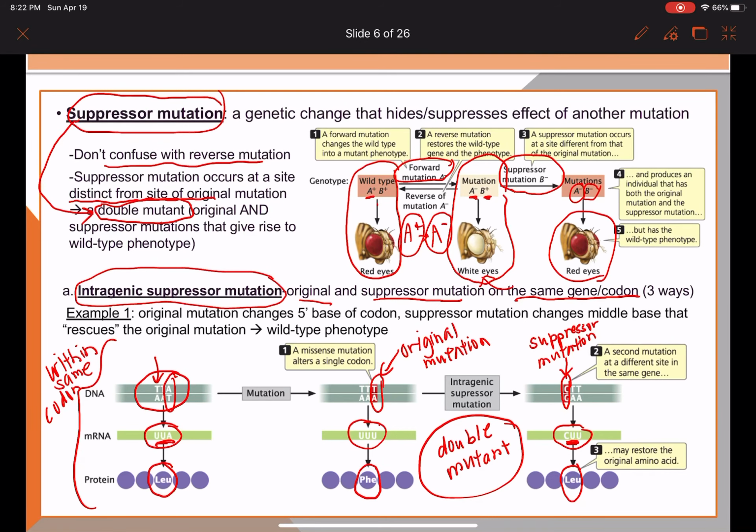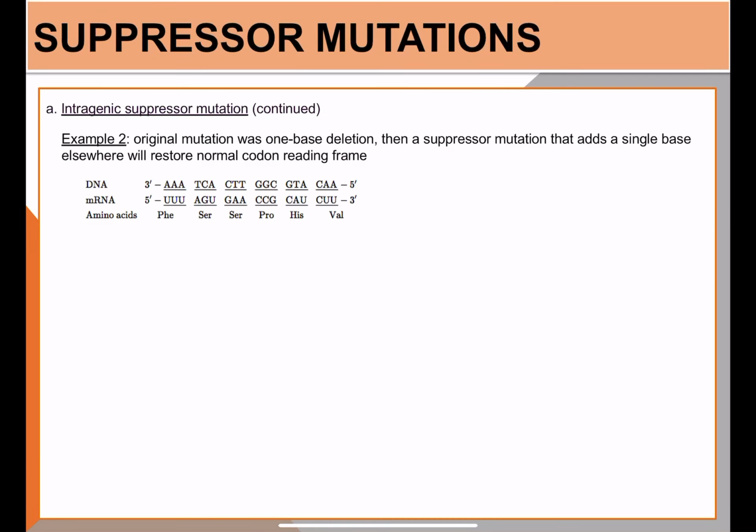All right, a second way that intragenic suppressor mutation will work is where we have an insertion or deletion, for example, from the original DNA sequence. It messes up the reading frame as we have discussed, and you end up with a frame shift mutation. Now, a second suppressor mutation can actually put that back into the correct reading frame.